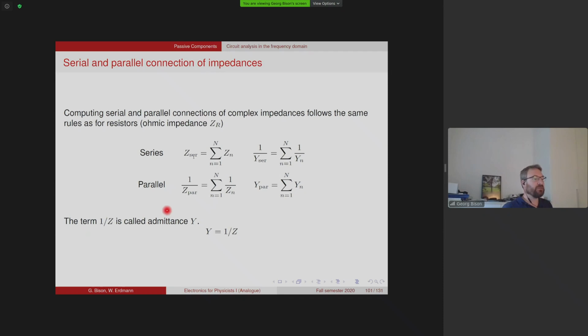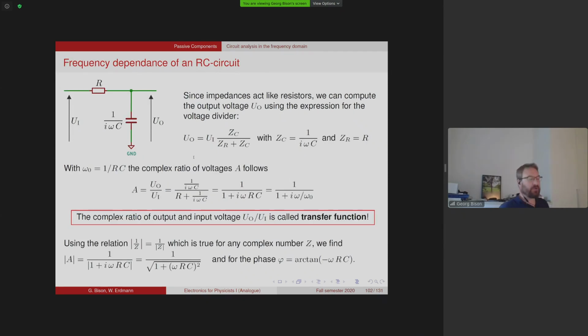And now one can define the admittance, the same as the conductance for a normal resistor, which is simply 1 over the impedance. And for admittances in series, they add reciprocally, and in parallel, they add simply. So this is completely equivalent to resistors.